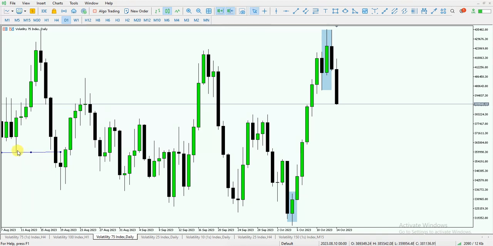There was sell side liquidity resting in there, and it has been taken. The sell side liquidity resting below this low and this low as well, they are relative equal lows, has been beautifully swept.